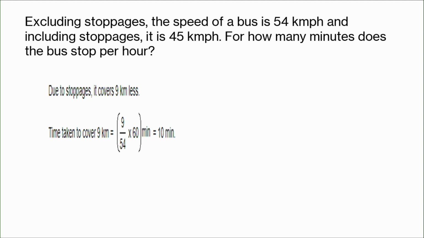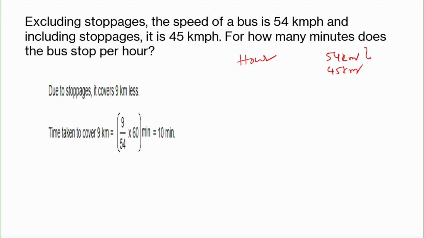Here, due to stoppages, the speed reduces from 54 kilometers to 45 kilometers. Take it for 1 hour. When you exclude the stoppage, it travels 54 kilometers. When you include it, it travels 45 kilometers.